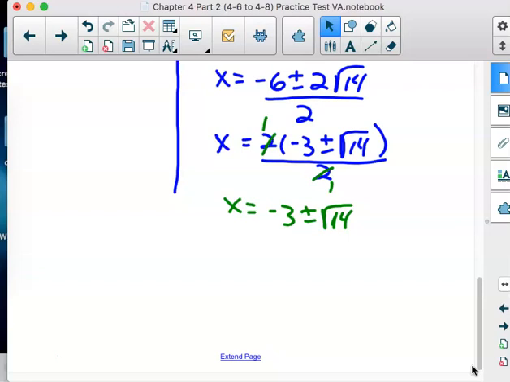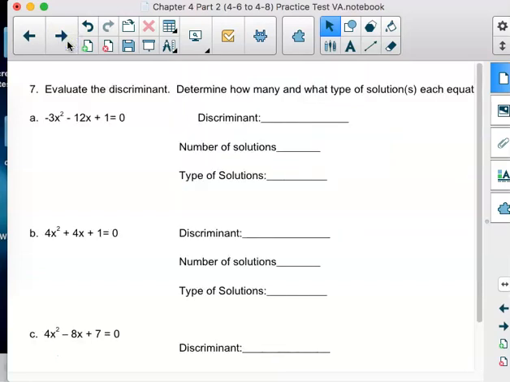Ready to move on? Anybody need more time? Evaluate the discriminant. Discriminant, what's that again? What's the little formula for the discriminant?